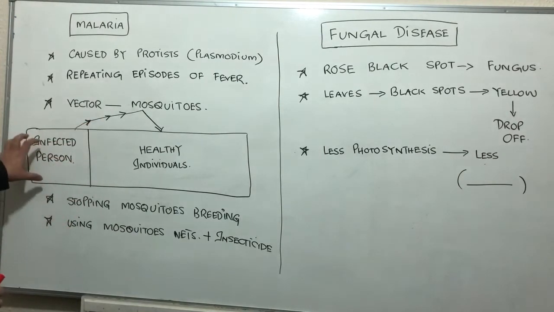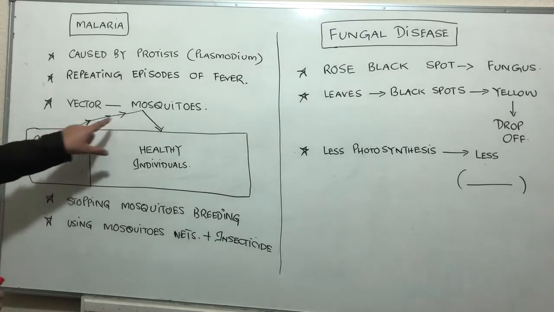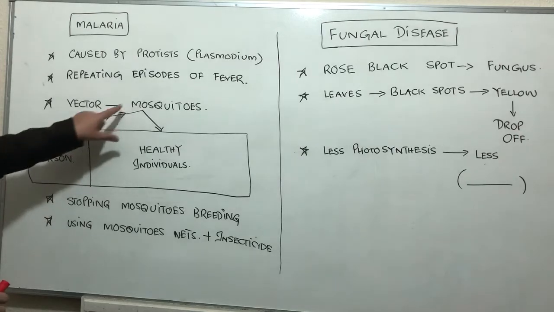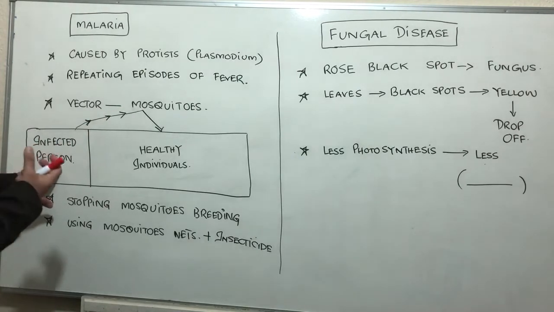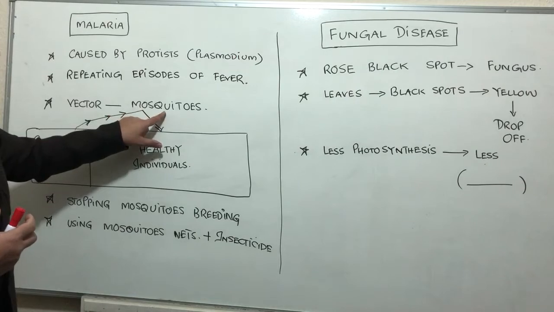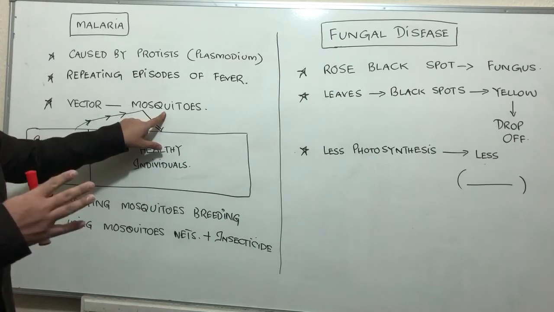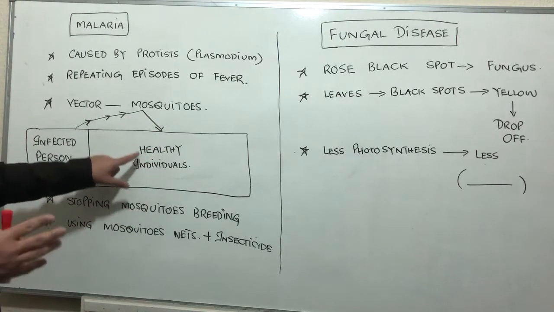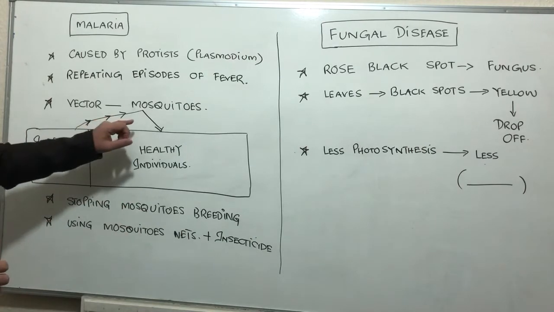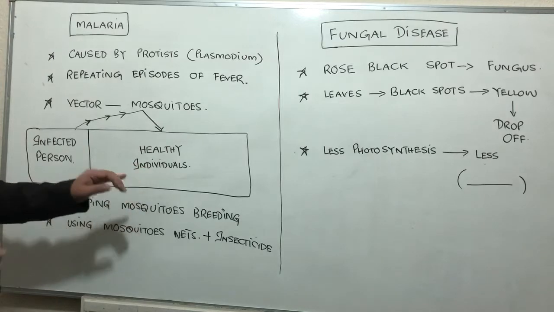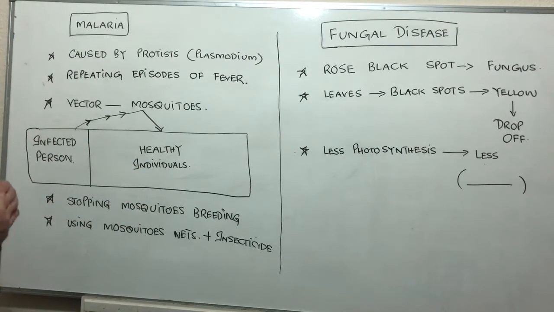If you look at this section of the table, when mosquitoes feed on the infected person, they absorb the parasites from the infected person's blood, and then these Plasmodium keep on dividing inside the mosquitoes, and every time they bite and feed on healthy individuals, they transfer the parasite to them, and by repeating this process, they spread the disease.